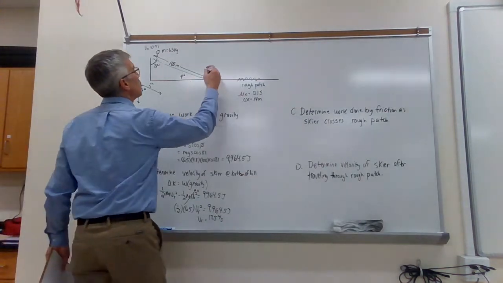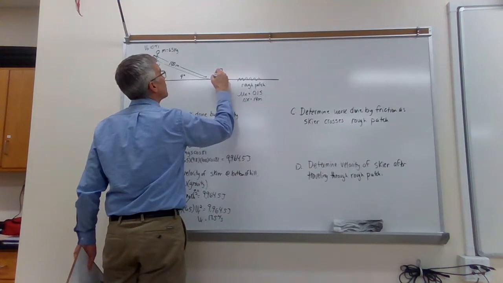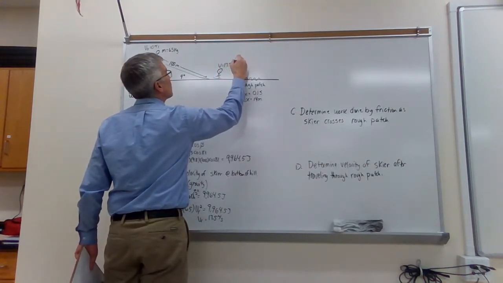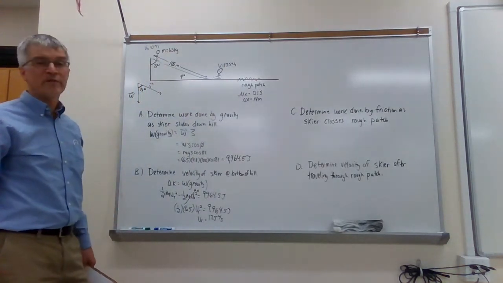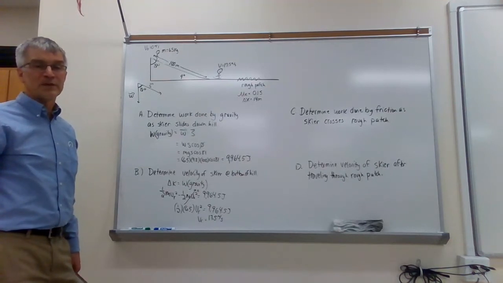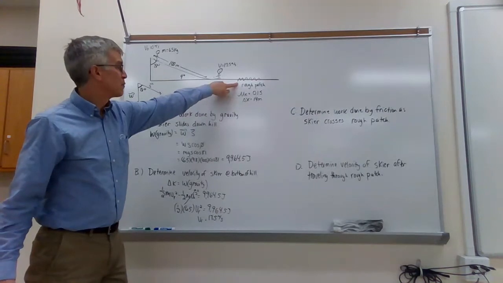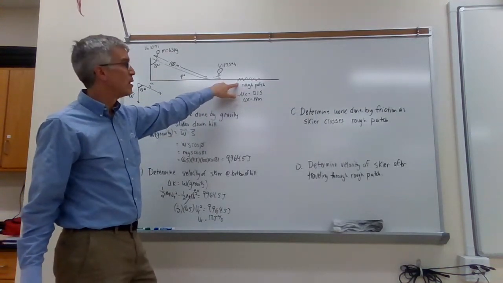Okay, so we know that when the skier gets here, he's going to slide along that horizontal surface at 17.5 meters per second forever and ever until another force acts upon him. Now, up ahead, there's a rough patch, so there will be another force in the x direction. There's going to be some friction.